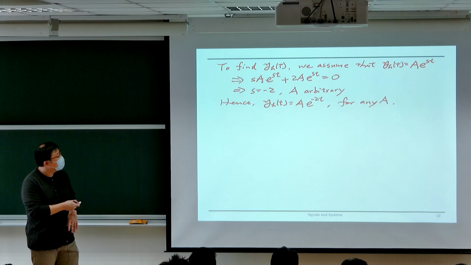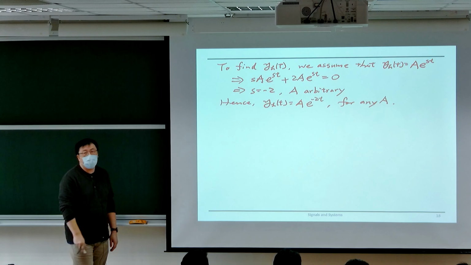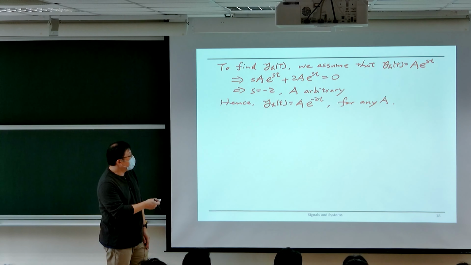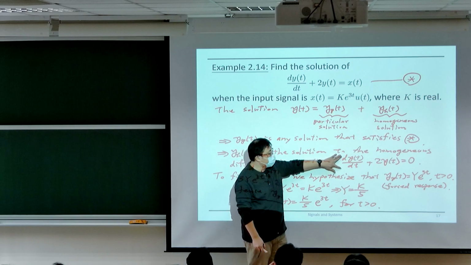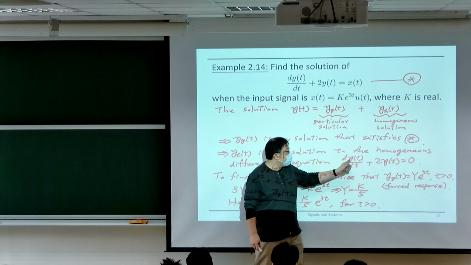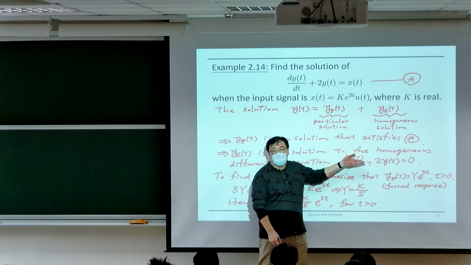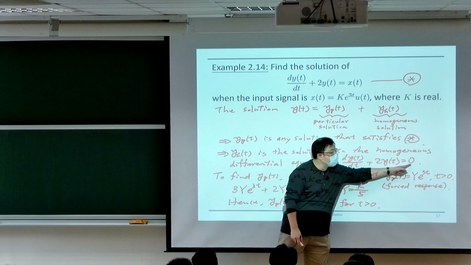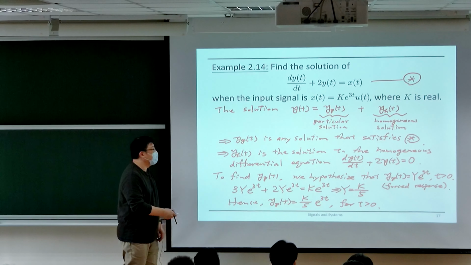Having this hold for any a is also quite intuitive, because this homogeneous solution, y sub h of t, is a solution to this equation here. So if y of t is a solution to this equation, then any constant scale of y of t must also be a solution, because this is like multiplying a constant to both sides of the equation.